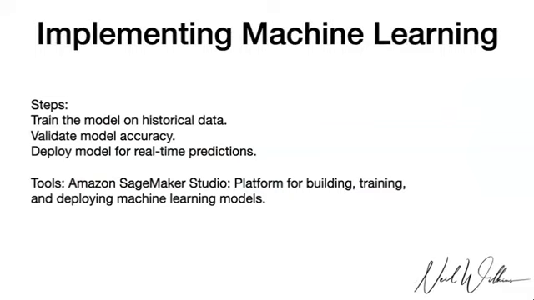So the next step then is implementing some machine learning here. This is about training your AI on the historical data. You need to be able to validate the model accuracy that you've got, and you need to be able to deploy this model for real-time predictions.